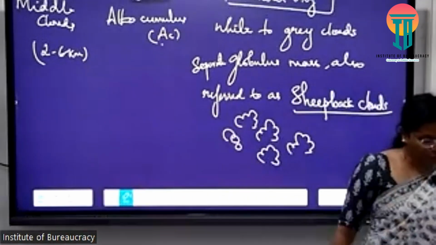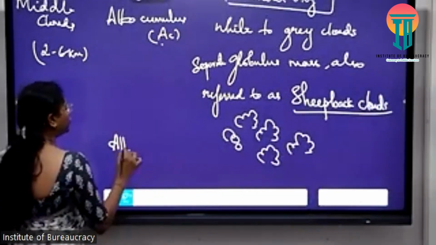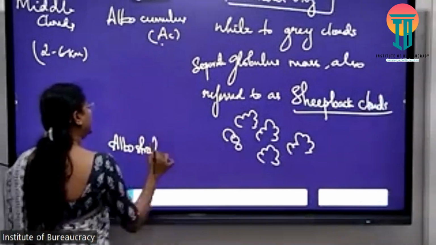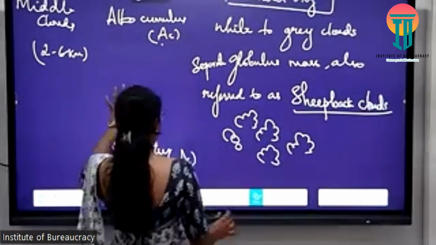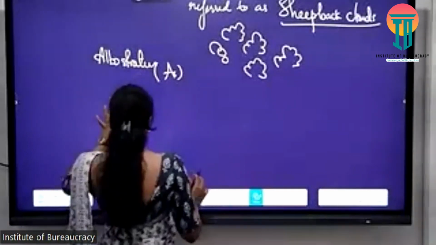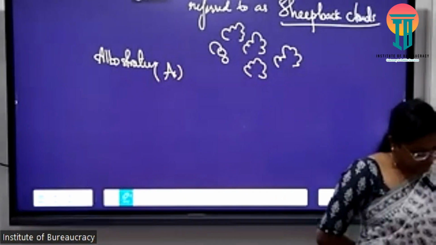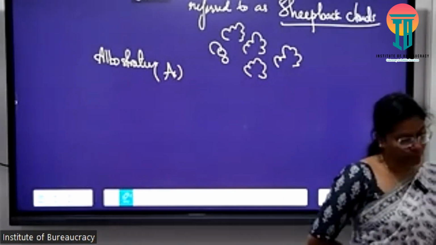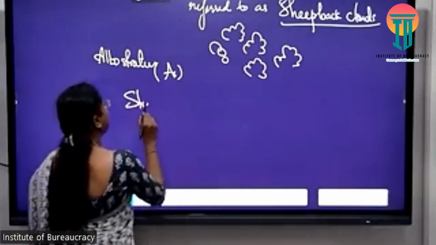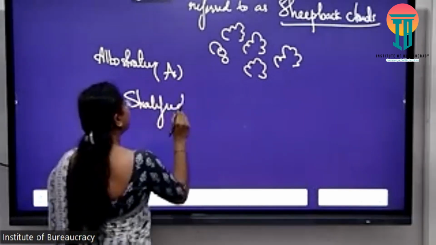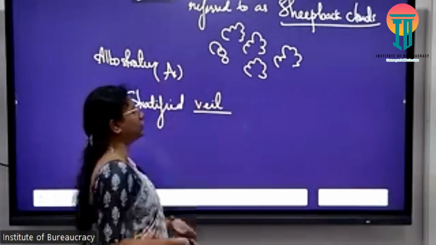Okay, the next one is altostratus. This was altocumulus clouds. The second one is your altostratus. Altostratus are a stratified veil of clouds, a veil meaning a cover, like a cloth.